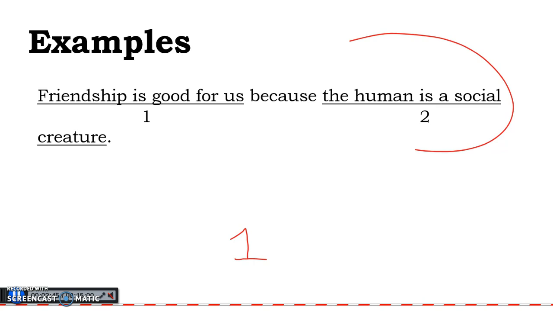So to map its relationship to the conclusion, to the claim, I draw a 2 with a line connected to the 1. That's it. This is a very simple one, but you can see we put the claim at the bottom of the workspace, and then we connect the reason, identified by a number, with a line descending to the claim.